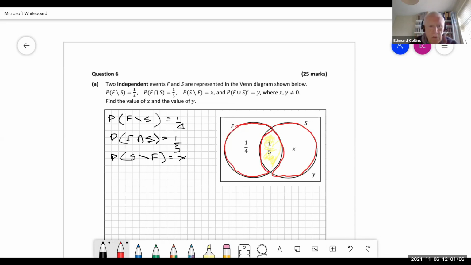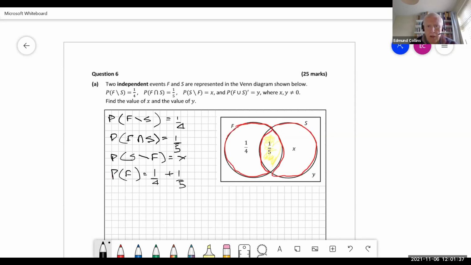So the first thing we'll do is calculate the probability of F itself. That's quite straightforward because the probability of F is the probability of F not S plus the probability of F and S. So it's a quarter and a fifth.